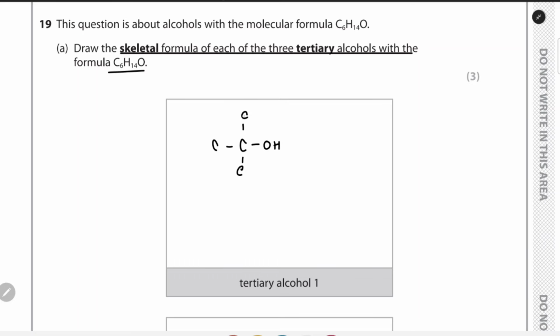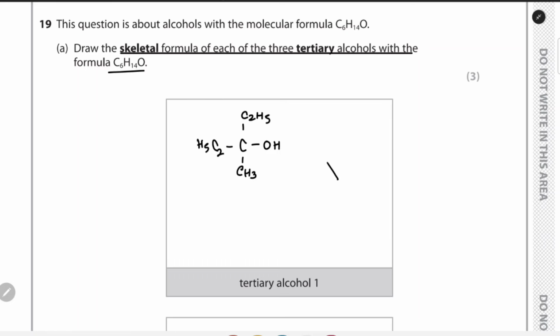The alkyl groups combined must have 5 carbons, and the 6th carbon is over here. So I can put 2 over here. 1, 2, 3, 4. I can put 1 over here. So CH3, C2H5, C2H5.